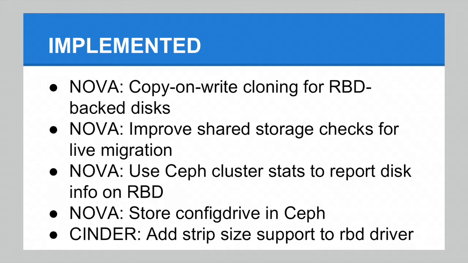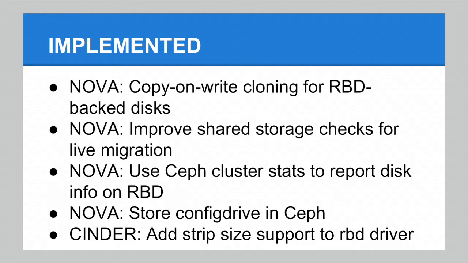It's part of the local file system. So one needs live migration and the other one needs block migration. So everything was broken. Now the config drive is also stored in Ceph, so live migration is not broken anymore.